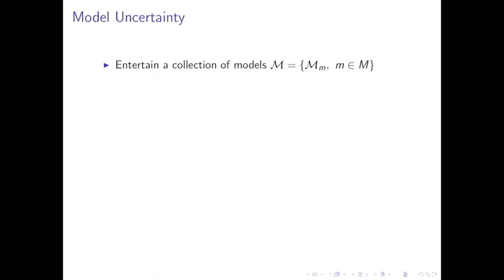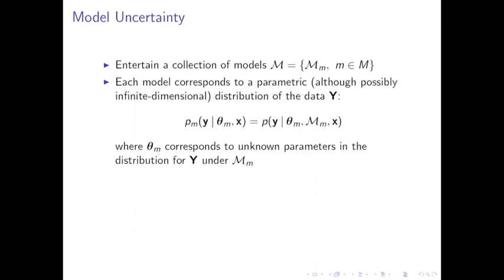In general, we might have a collection of models that we're entertaining. So M would be the subscript of a particular model. Each model, to start, is going to correspond to a parametric distribution, although it might be infinite dimensional if we're thinking about certain stochastic processes, but it provides a distribution for the data Y. Those are the responses that we're interested in. For each of these, there may be parameters, theta M, that are particular to that model, which then describes the structural model that we're interested in.